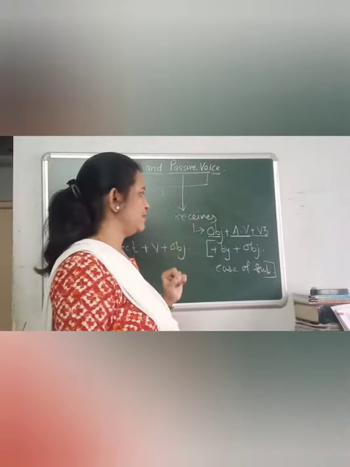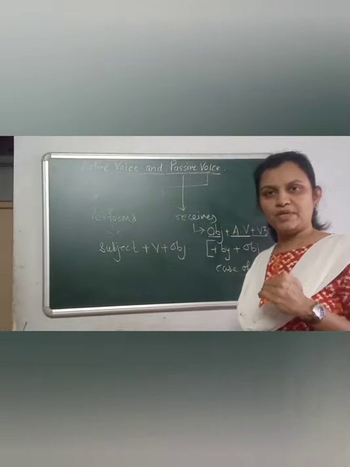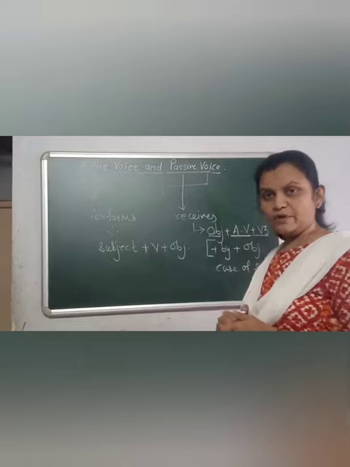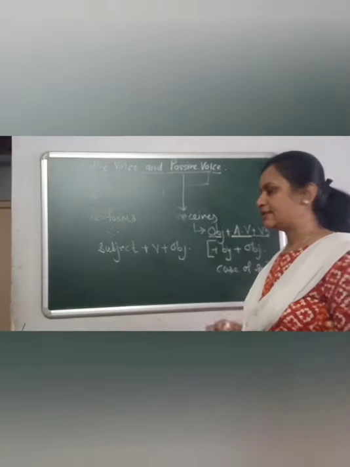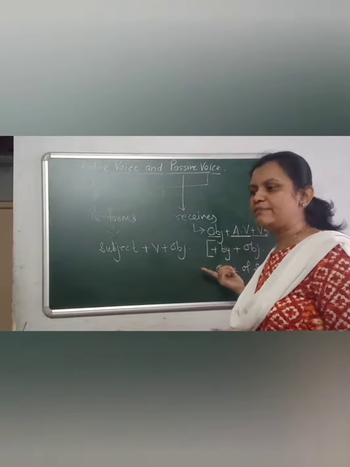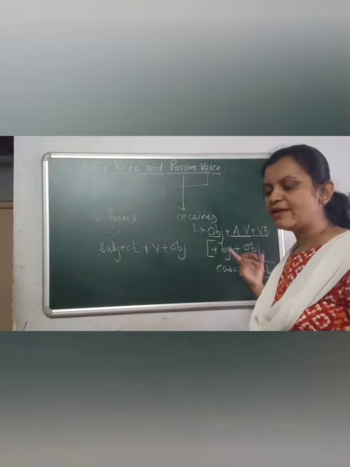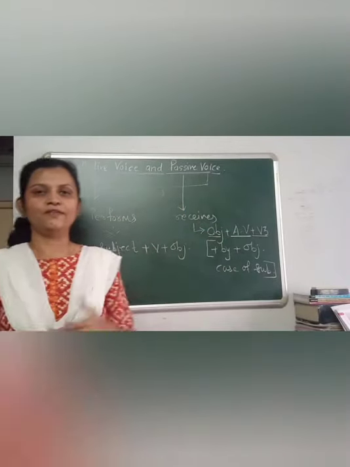And in passive voice, the subject receives the action which is expressed by the verb mentioned in that sentence. And the sentence construction is object plus auxiliary verb plus the past participle, then the preposition 'by', and in the end the objective case of the subject is given there.